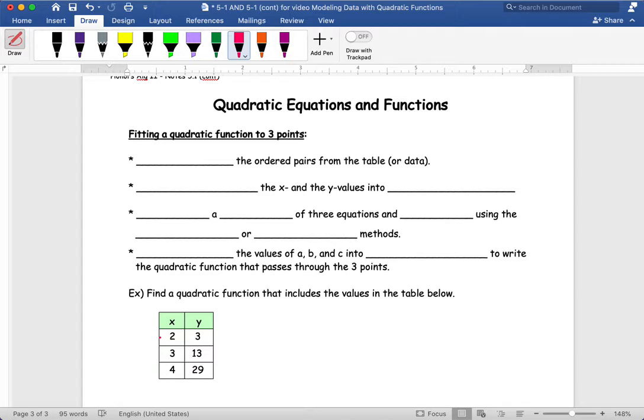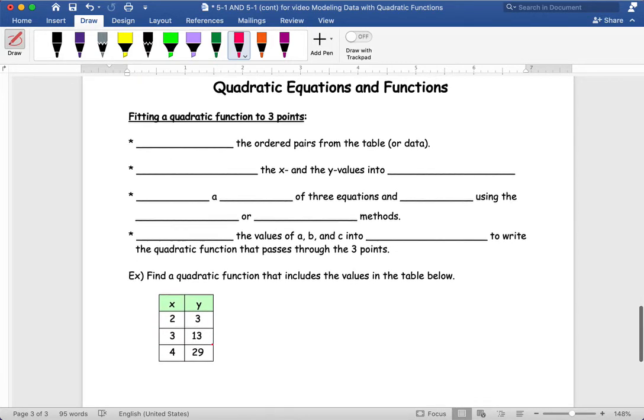And they're going to tell you that a parabola passes through these three ordered pairs, and we want to write the equation of it. So this is not a difficult task, but it's somewhat of a long task.